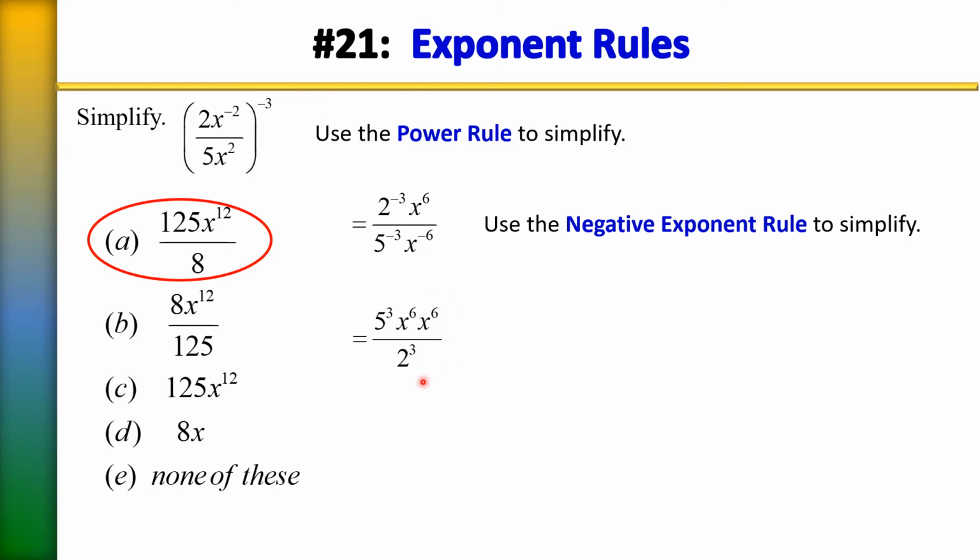Down below here we have 2 cubed, which means I'm going to multiply the number 2 3 times, and that's going to give me 8. So our final answer then is 125 x to the 12th power over 8.